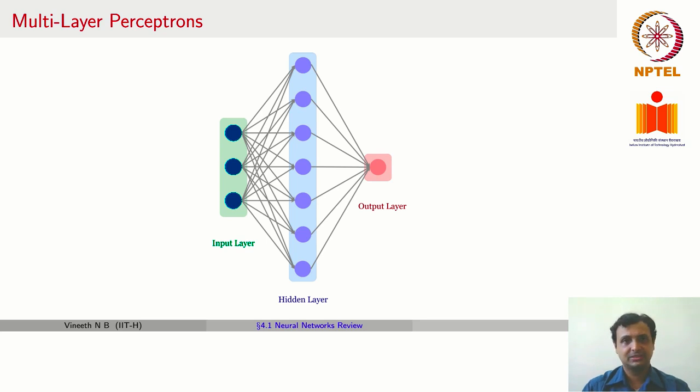And that leads us to the concept of a multi-layer perceptron. A multi-layer perceptron, as the figure shows, is not restricted, unlike a perceptron, to only an input layer and an output layer, but also has the convenience of including a hidden layer of neurons. The number of neurons in this hidden layer is a design decision.